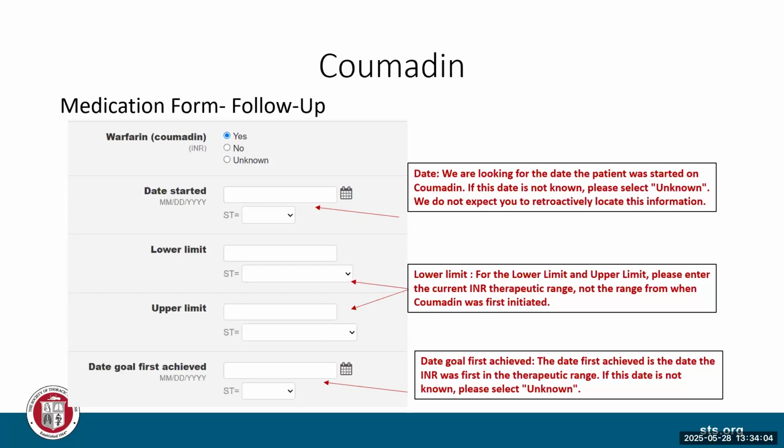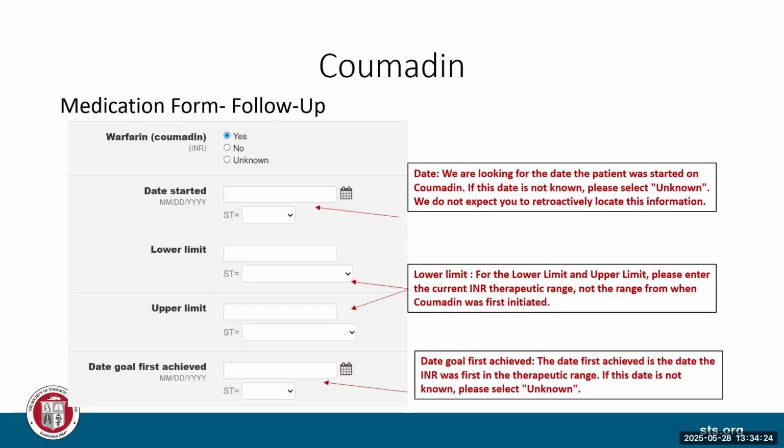So it's the date the goal is achieved for that follow-up period, or that INR range. Right, so it's not the date the goal was achieved since inception of Coumadin, potentially 5 years ago.